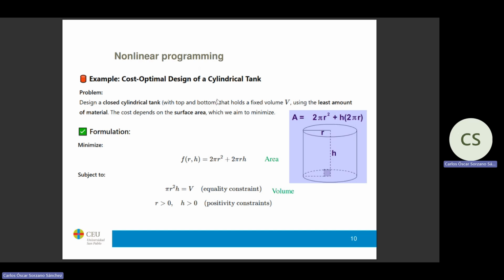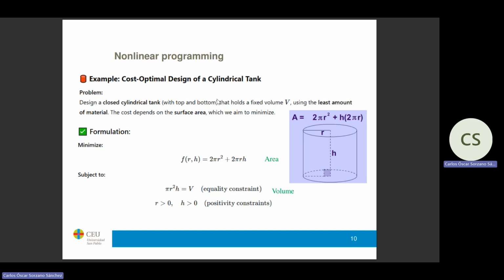Let's say that I want to design a cylindrical tank that holds a given volume using the least amount of material. So I want to construct the cheapest tank that can hold, for instance, 1,000 liters. How do I design this tank?